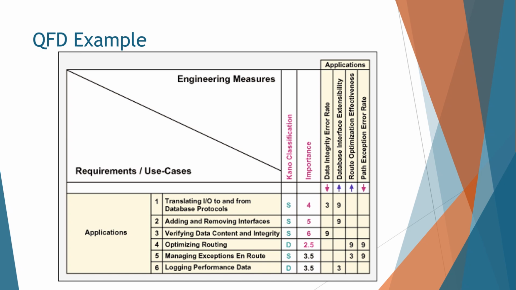You have the arrows up and down, and you have the applications. One, translating I/O to and from database protocols. Two, adding and removing interfaces. 3, verifying data content and integrity. 4, optimizing routing. 5, managing exceptions en route. 6, logging performance data.